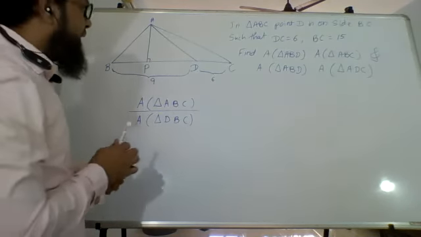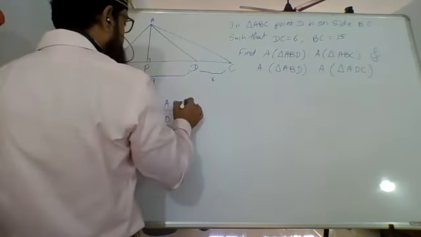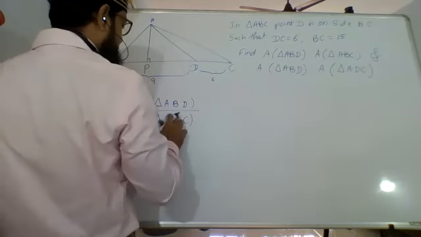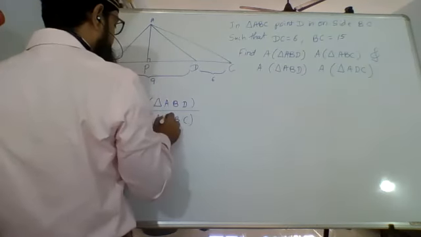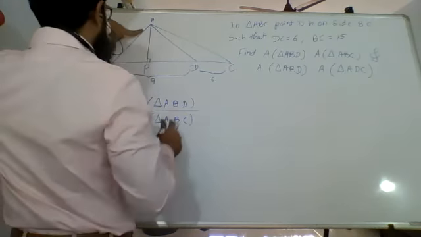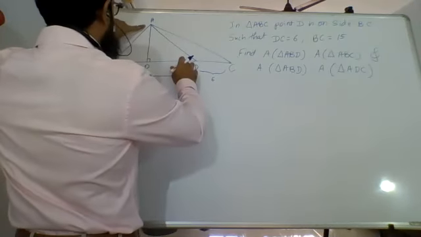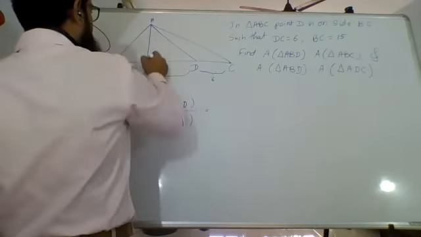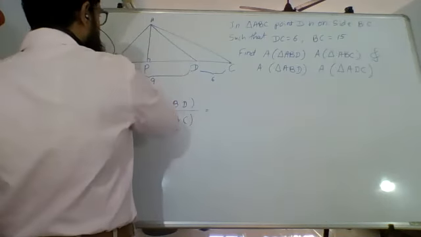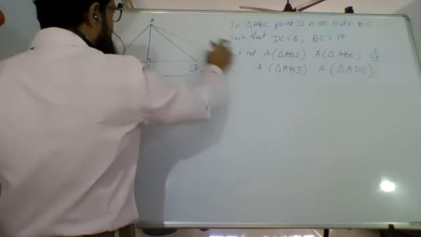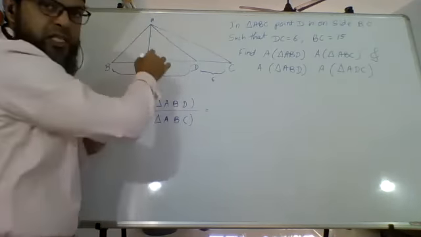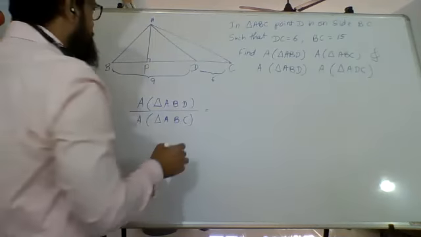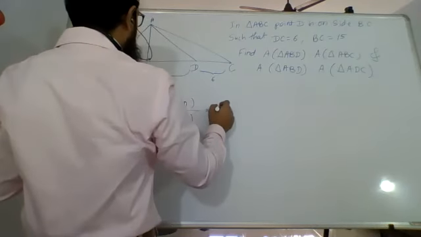Now I want to find ABD upon ABC. In both the cases, AP is common, whether it is ABD or ABC. The height is common, so it is just the ratio of their bases.